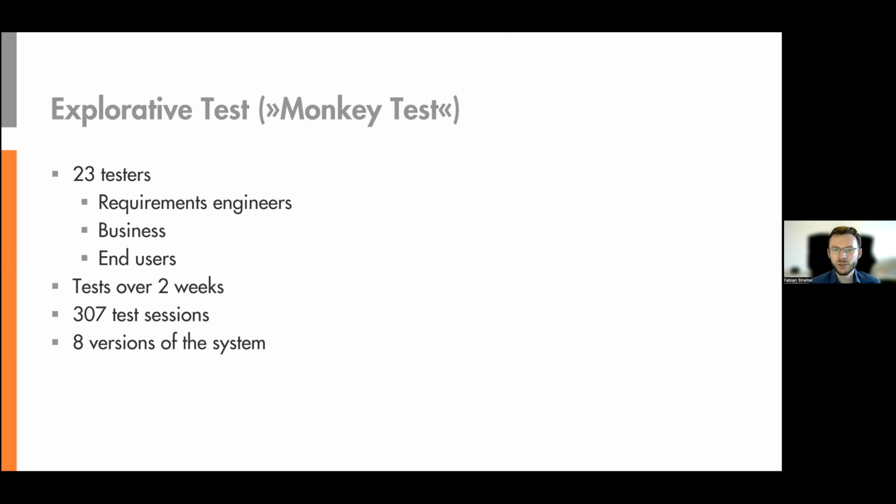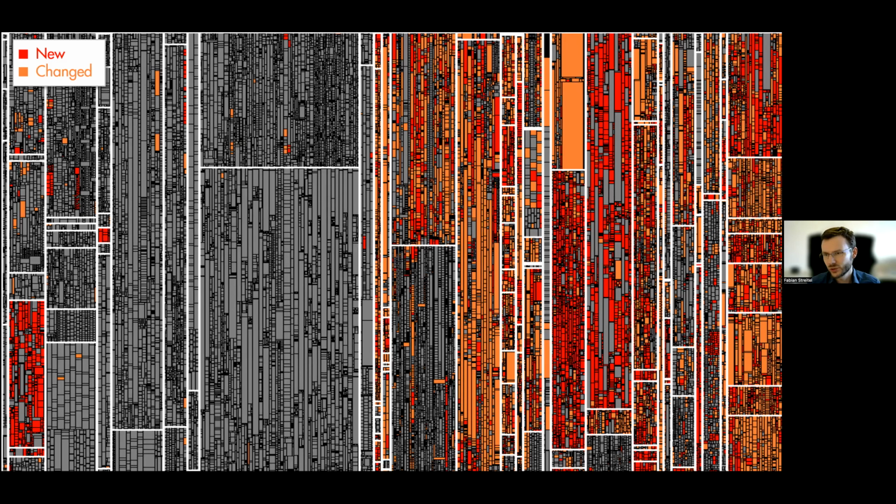And so 23 people walked over the system in over 2 weeks in several hundred test sessions. And again, different versions of the system because there were some bugs found and some bug fixes. And produced about the same code changes from the developers, just some minor bug fixes in addition. But wildly different coverage, as you can see.